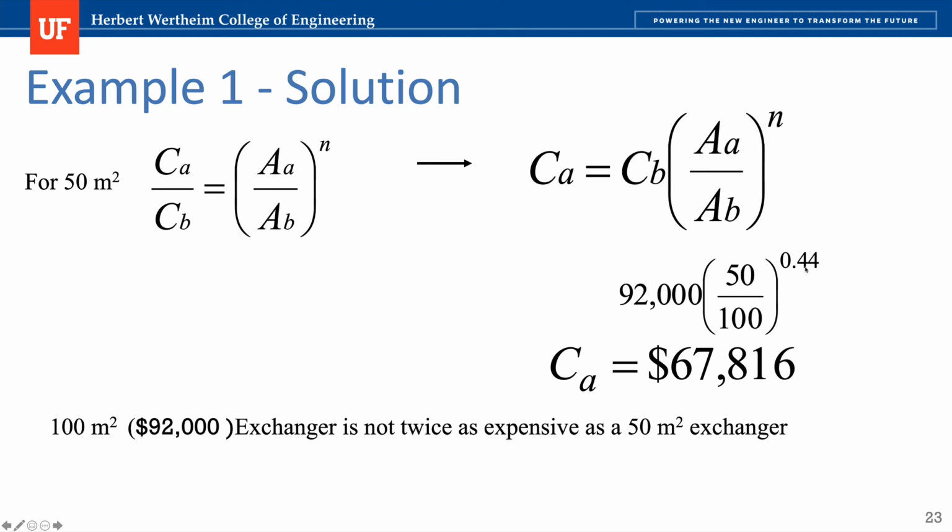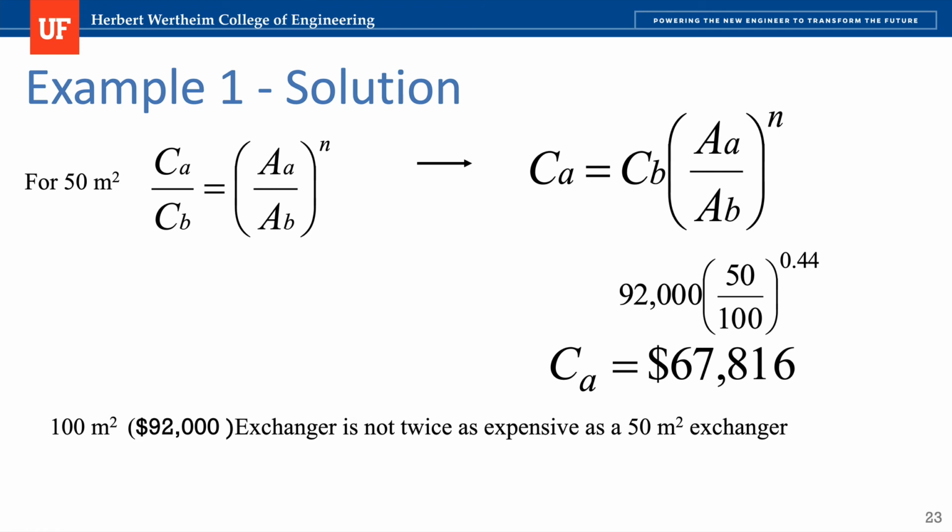We can use 0.44 because we have that information. You may have information about two other types of equipment, and that would allow you to calculate the 0.44, the n, which is the exponent, and that can be used to calculate other areas.